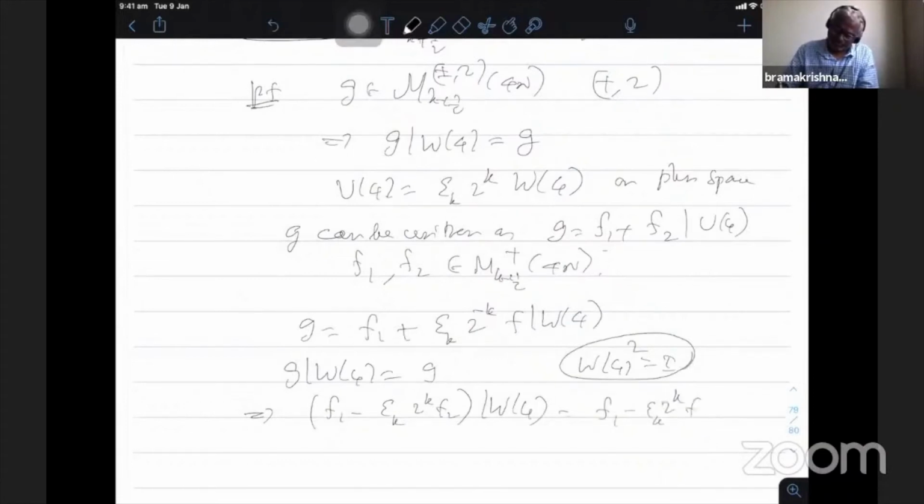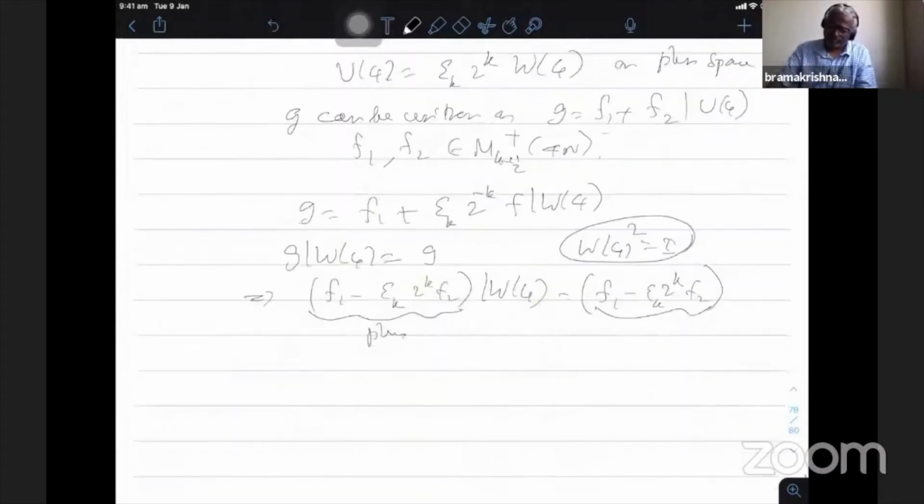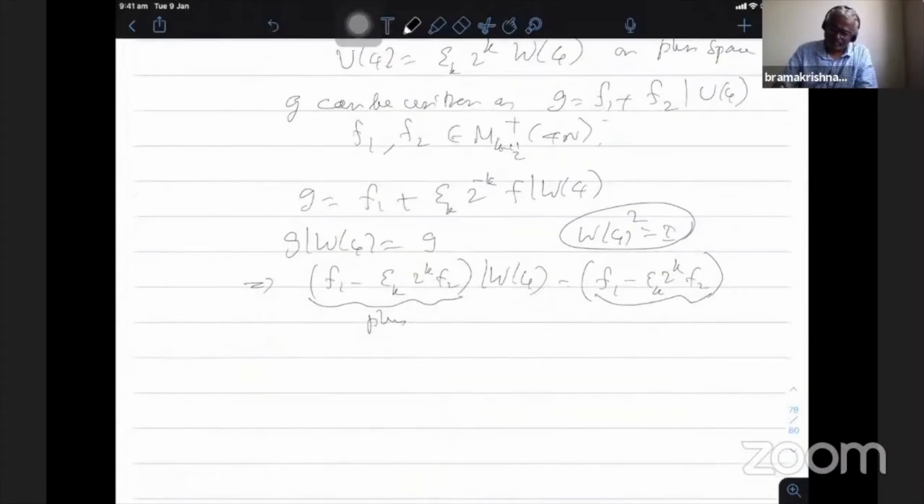So this is an element in the plus space, the same function here. So this equality tells you that an element in the plus space is an eigenfunction under W4. Note that W4 does not preserve the plus space. But on the other hand, it says that if I apply W4 on a plus space form, it belongs to the plus space, which is a contradiction. This implies the function should be 0. F1 is epsilon_k 2 power k F2.